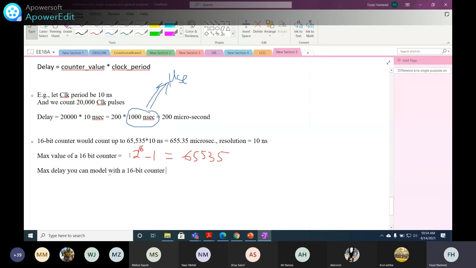The maximum delay that you can model with a 16-bit counter, assuming a clock period of 10 nanosecond, is 65,535 multiplied by 10 nanosecond. If you convert this into microsecond, this will be equal to 655.35 microsecond.